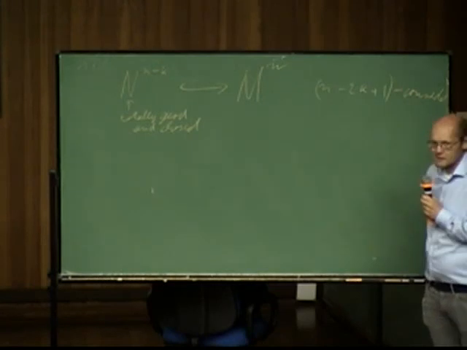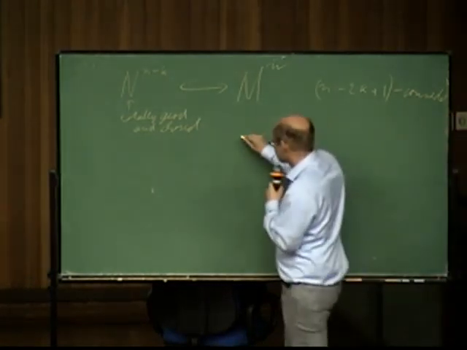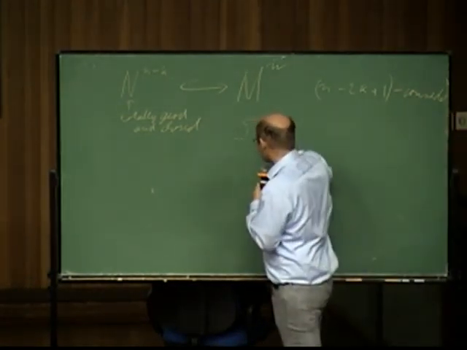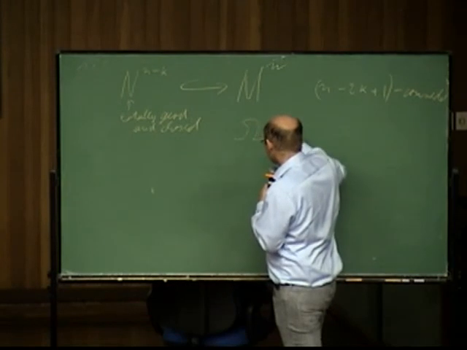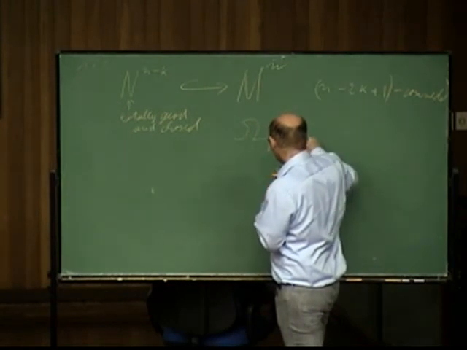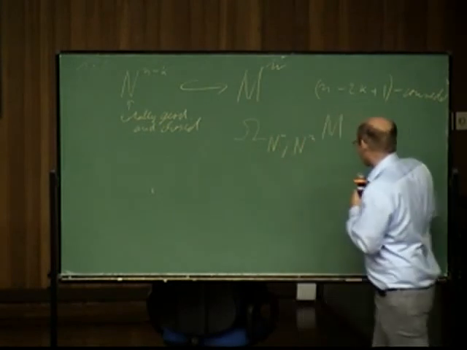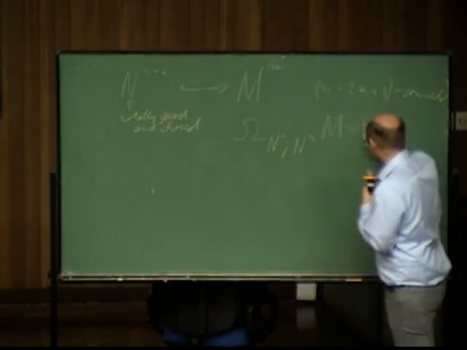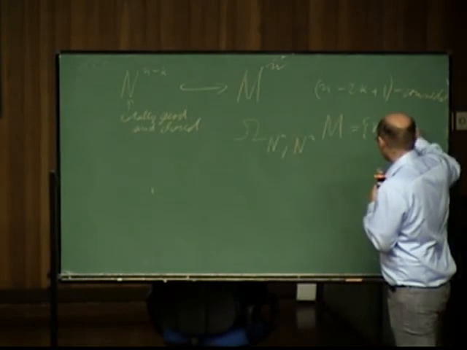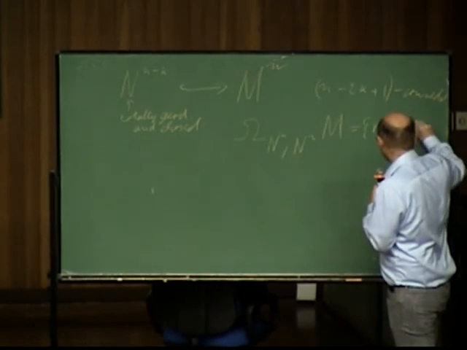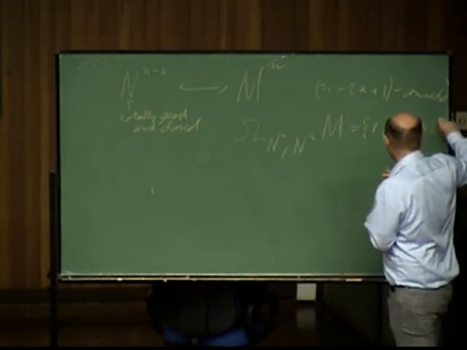Let me explain this. The proofs are pretty similar for both cases. You look at the space of all curves that start and end in N, so all gamma with gamma of 0 and gamma of 1 in N.